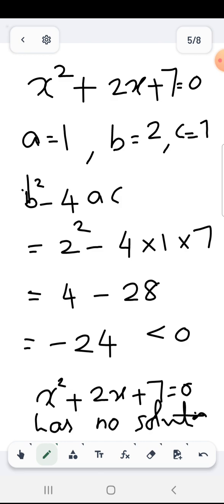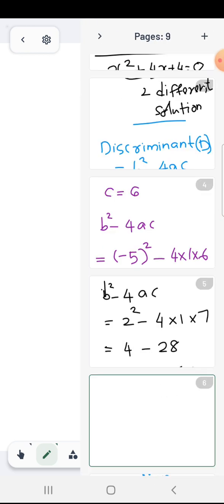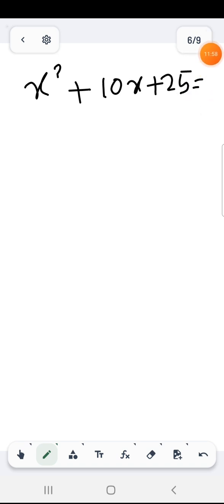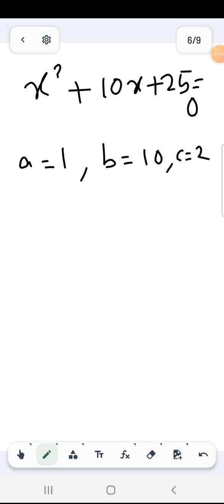And if we get another equation, x square plus 10x plus 25 equal to 0. Here a, b and c, if we find, a is 1, b is 10 and c is 25.